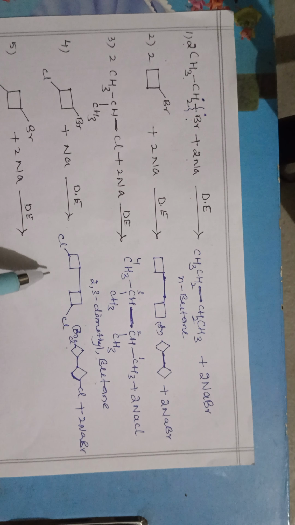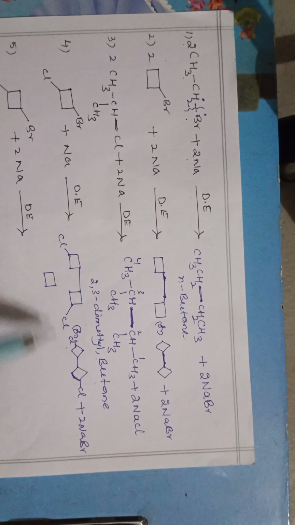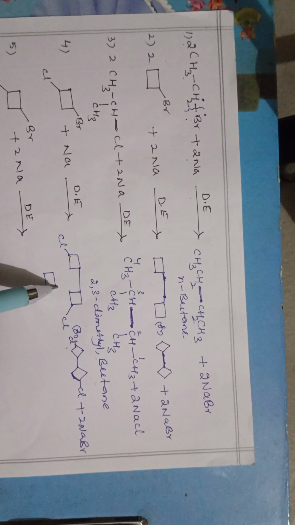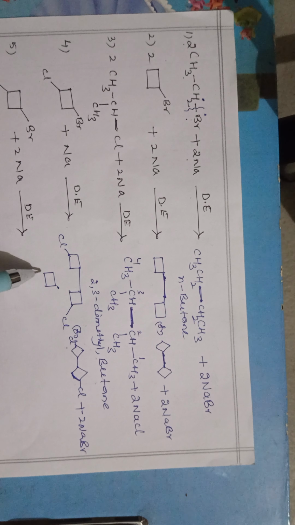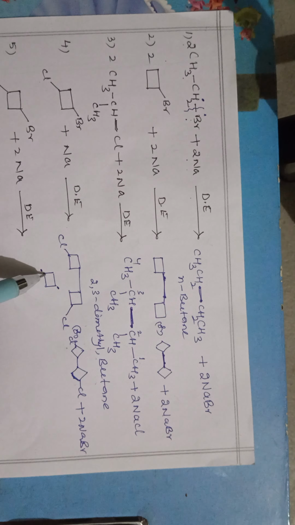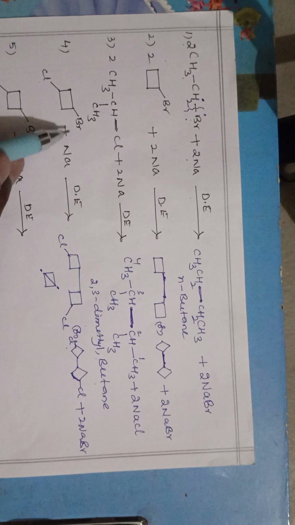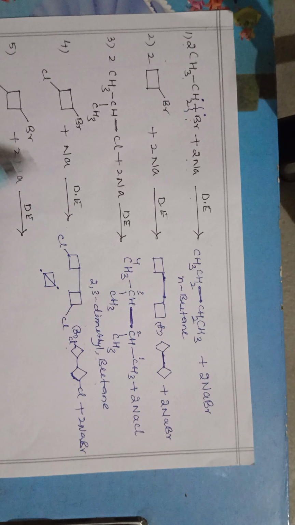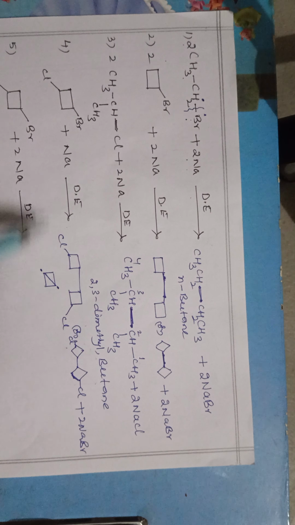First, sodium reacts here with one side, and another one reacts. So between these two make the bond like this. First one sodium reacts to give NaBr, and one more time reacts with Cl to give NaCl.